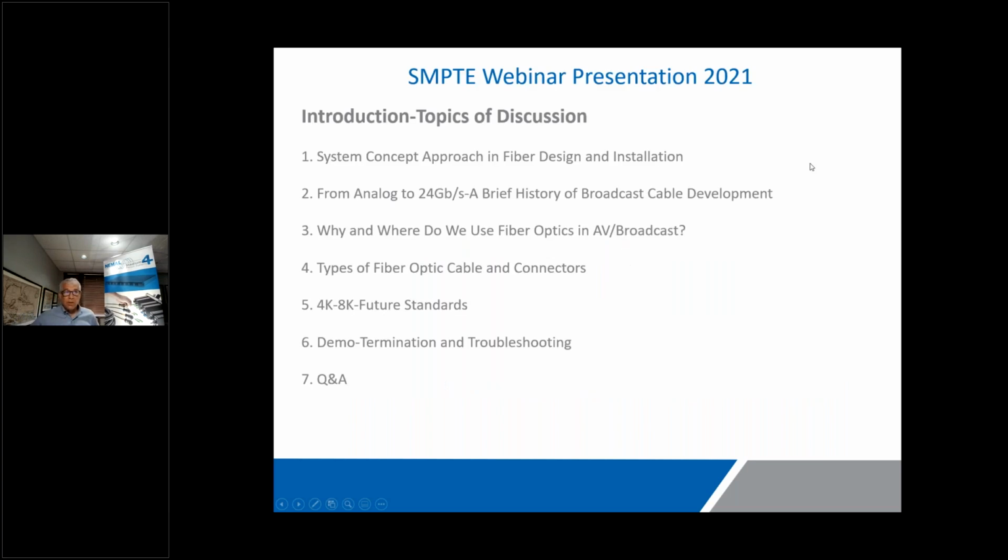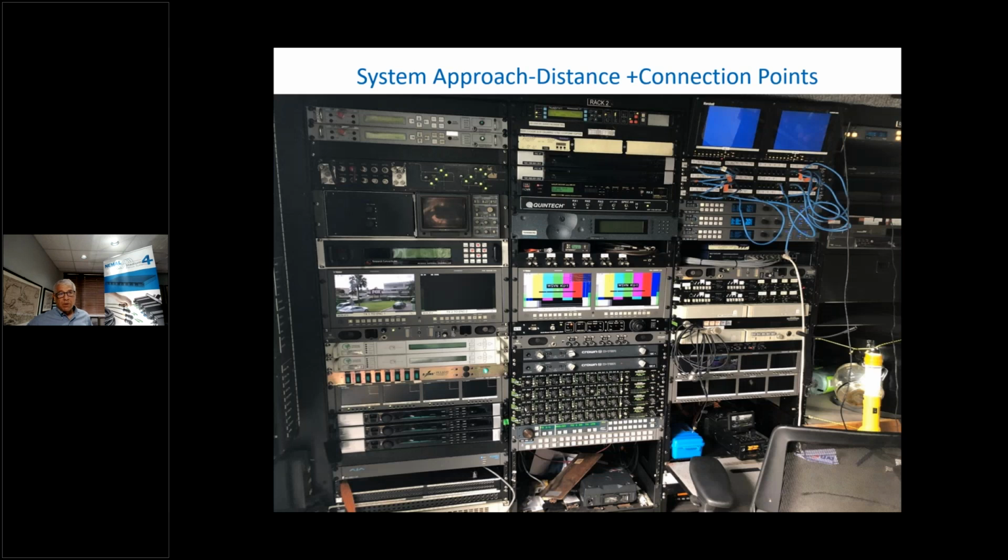We're going to discuss a number of points, starting with the system concept approach, a brief history of cabling and broadcast from analog to where we are today, why and where we use fiber in AV and broadcast, the different types of fiber cables and connectors that you probably deal with or will deal with, some of the future standards that SMPTE plays a big role in, and then the demo of termination and troubleshooting and cleaning, which is really, really interesting.